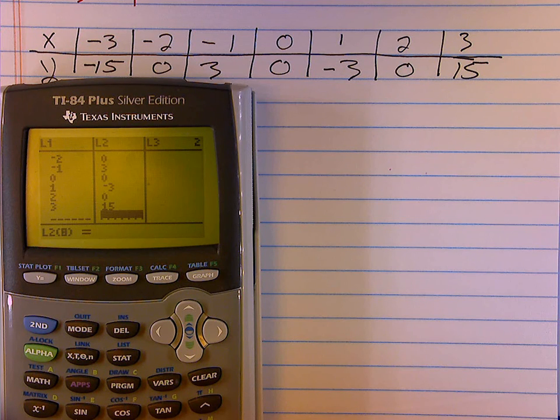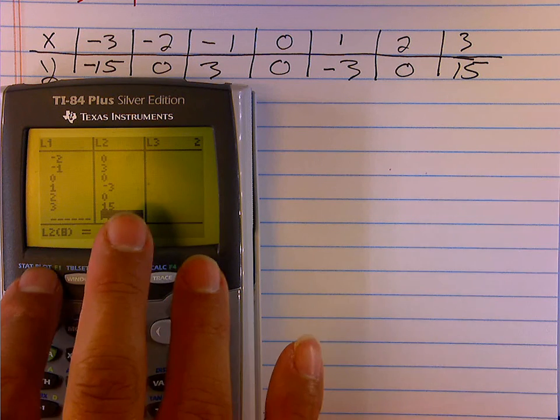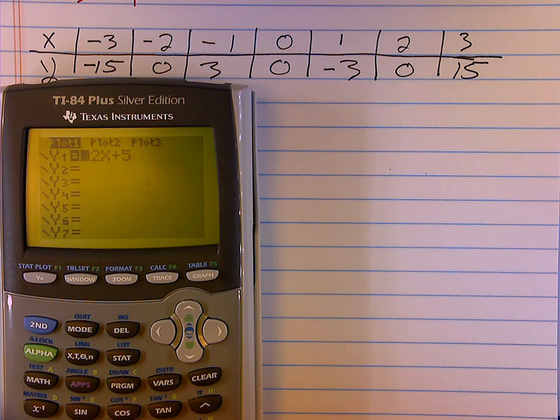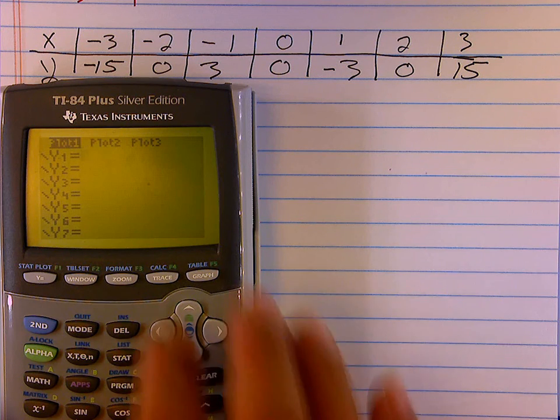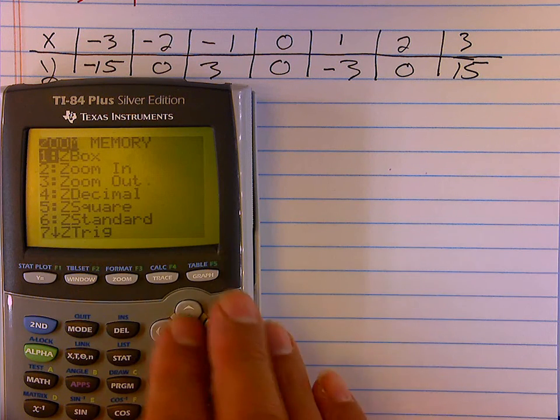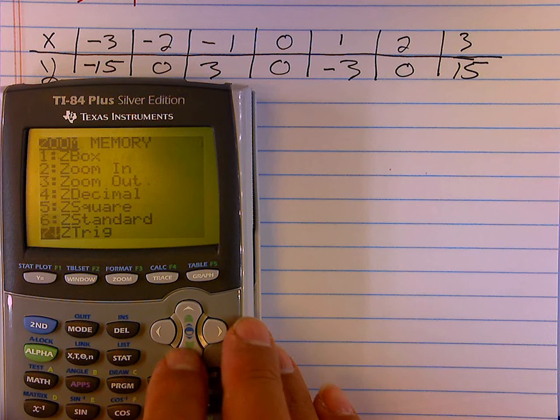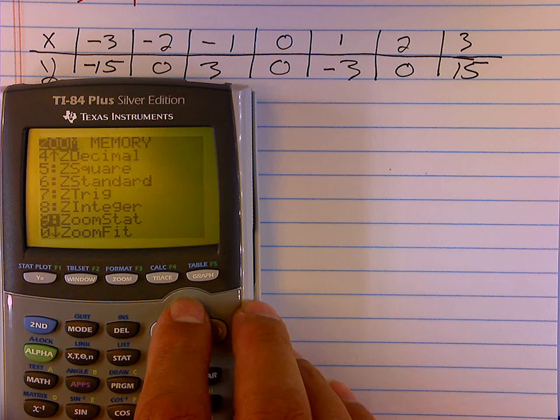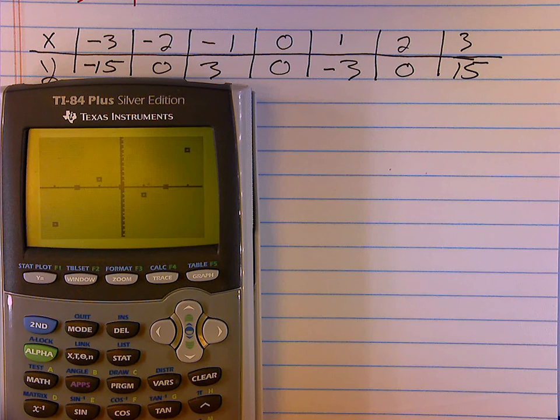Now, since I have new y values, when I push the y equals button, I want to make sure I turn off any equations by pushing clear so I don't get confused at what I'm looking at. All I want to have is plot 1 highlighted. Now I'm going to push zoom and go down to zoom stat, enter.